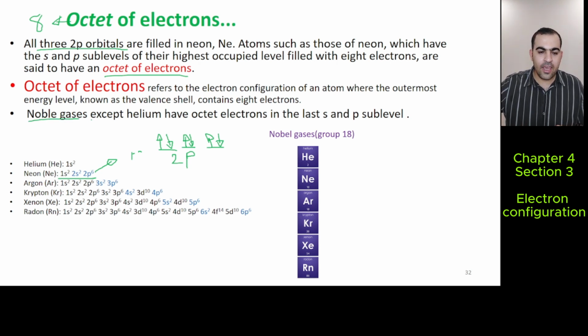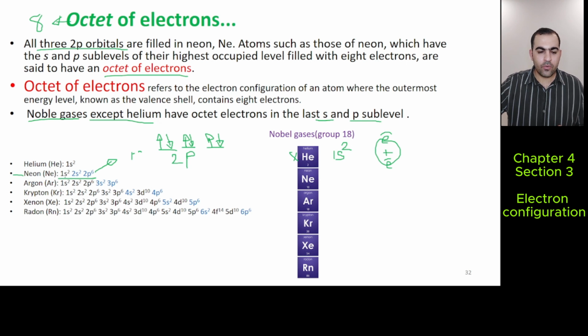Noble gases except helium have an octet of electrons in the last s and last p. Helium's last shell contains only 2 electrons, so it cannot have 8, but the others can.